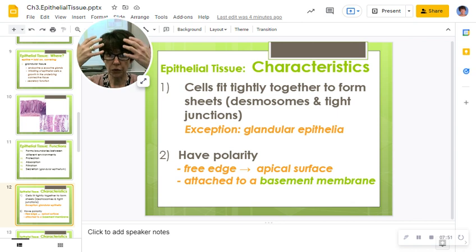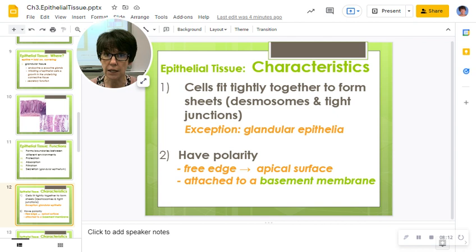Between the blood vessels and the nervous tissue in the brain, we have this epithelial tissue that is forming this impermeable sheet of cells so that materials that are not good can't pass from the blood and into the nervous tissue.